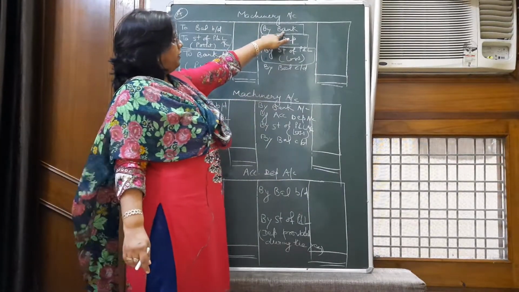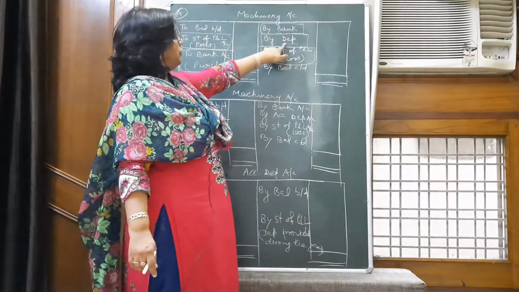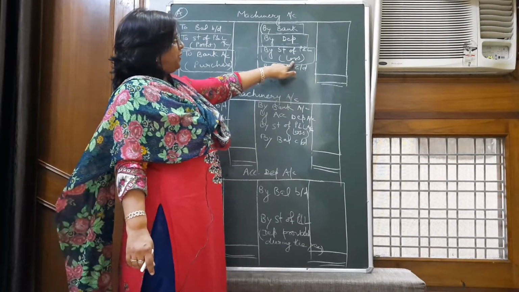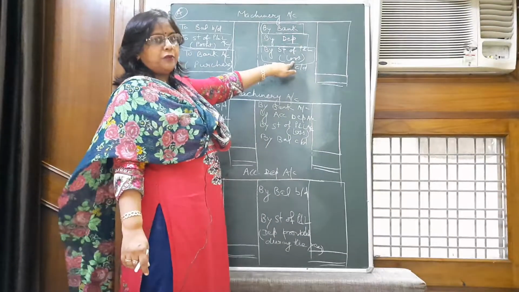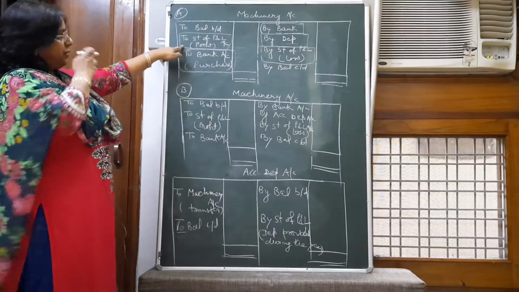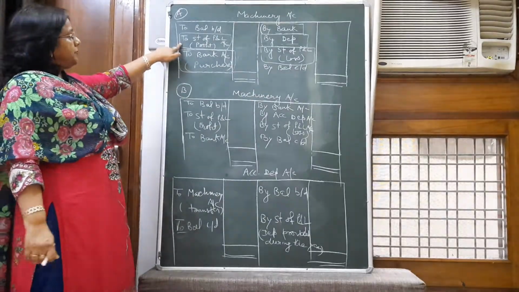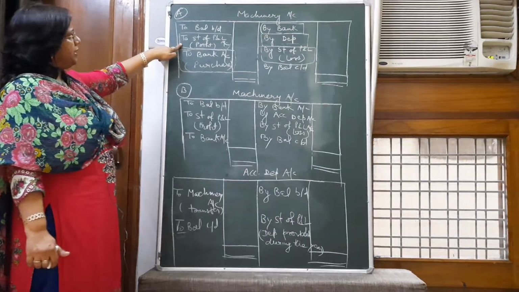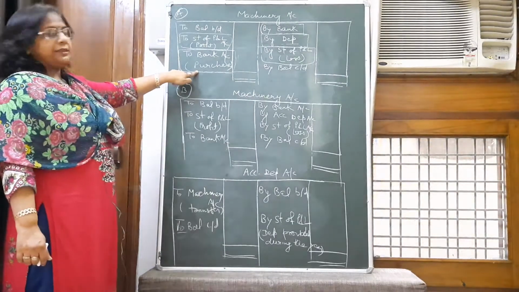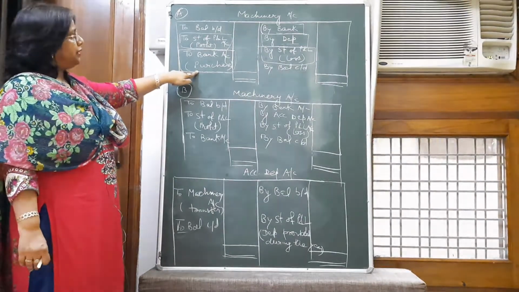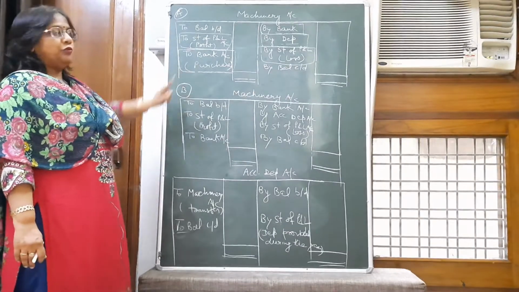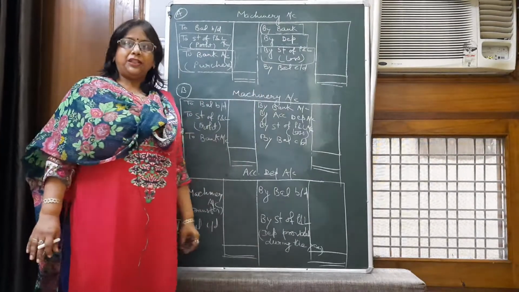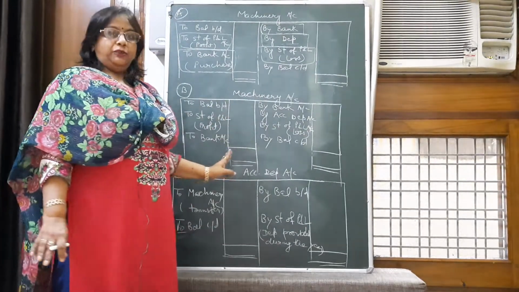Again, by bank, cash flow investing activity inflow; by depreciation, added back in operating activity; by statement of P&L, that is loss on sale, added back in operating activity; then to statement of P&L profit, that is subtracted in the process of calculating cash flow from operating activity; and to bank account, that is purchase of asset, it will be shown under investing activity as an outflow. This method is used when we prepare machinery on written down value method.